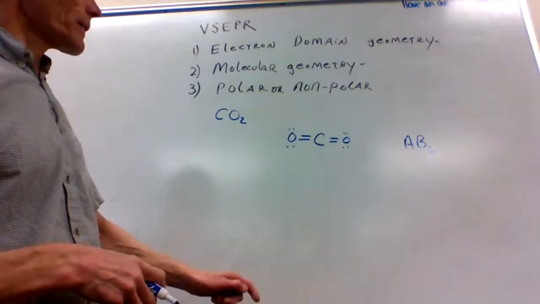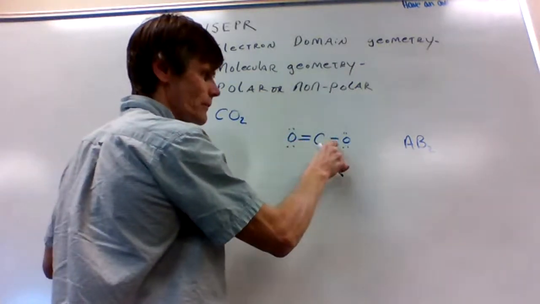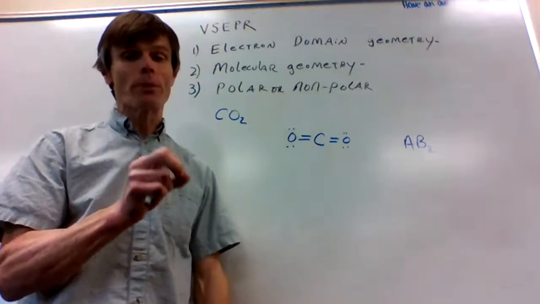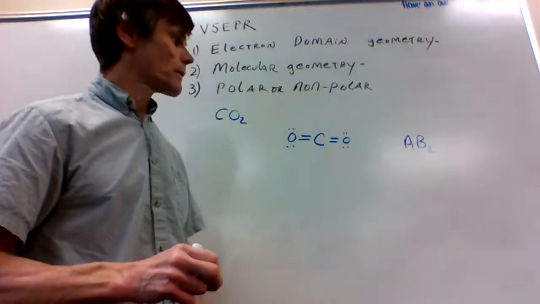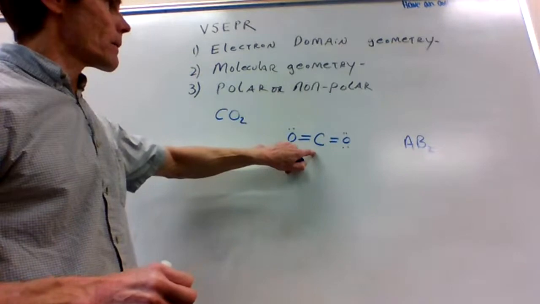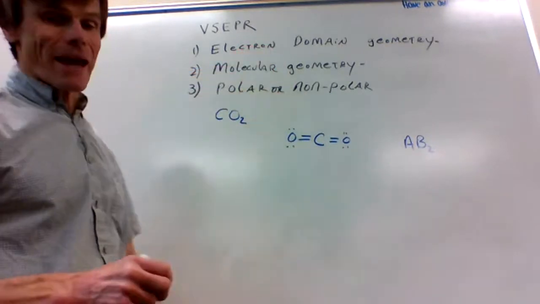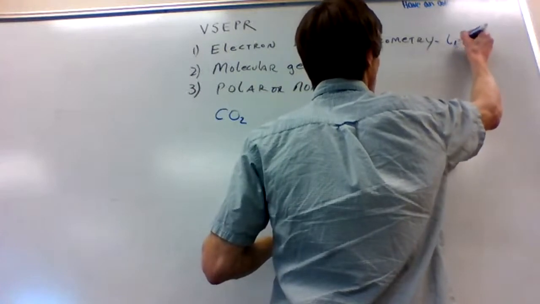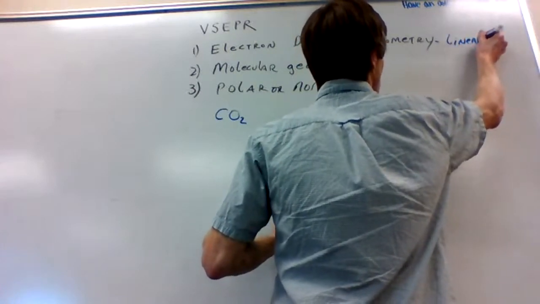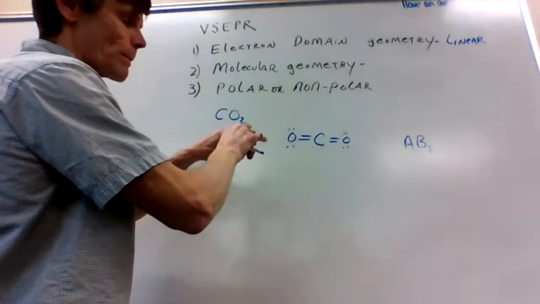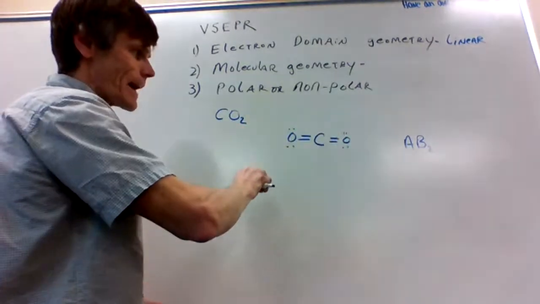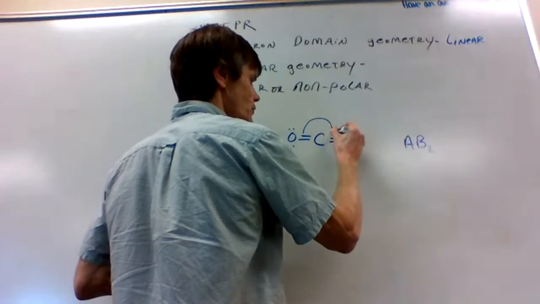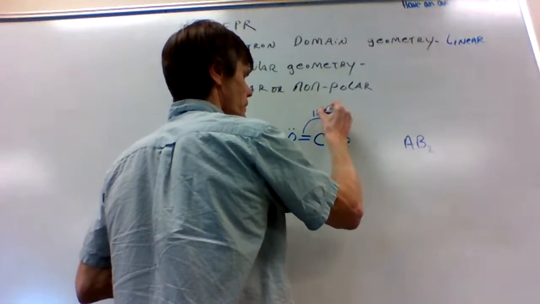Now, in this case, since there's two regions of electron density about a central atom, and there are no lone pairs of electrons, then what we're going to find out is that our electron domain geometry, linear, is the best way to distribute regions of electron density around our central atom such that they're 180 degrees apart.